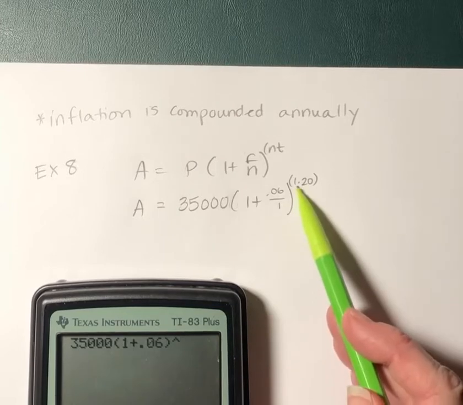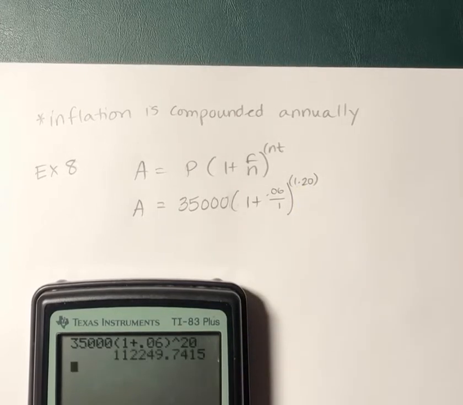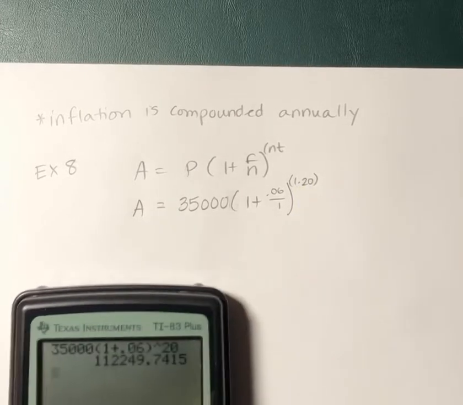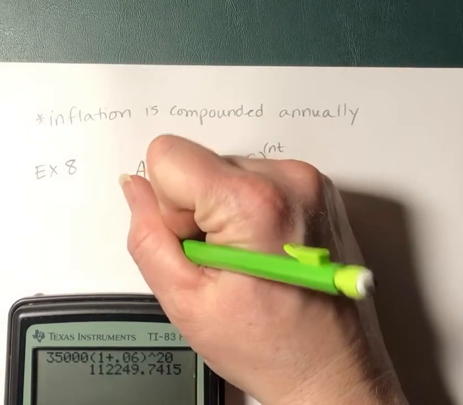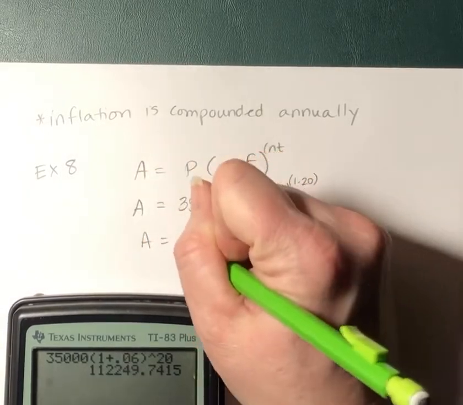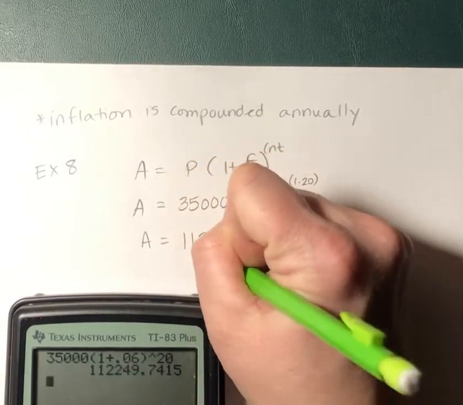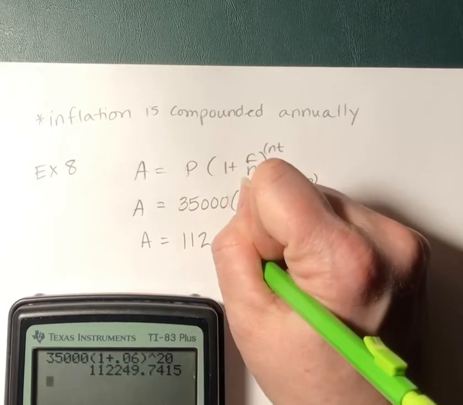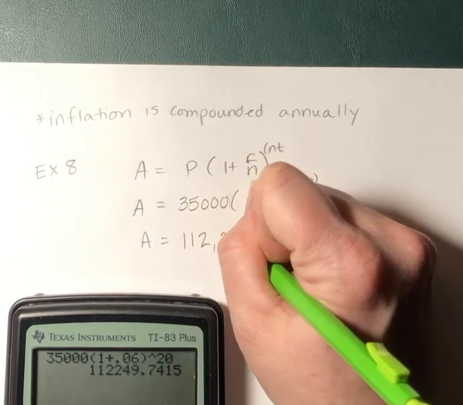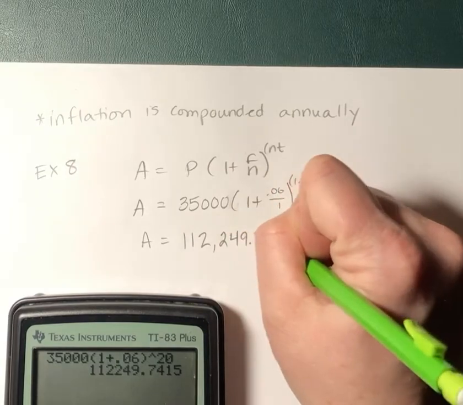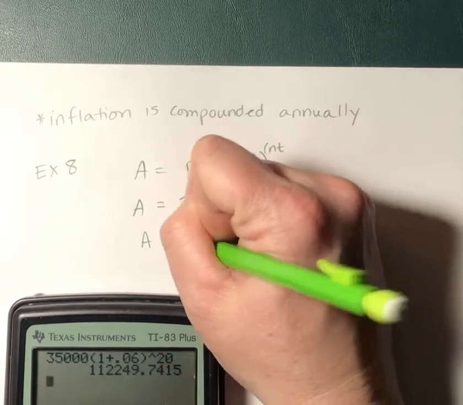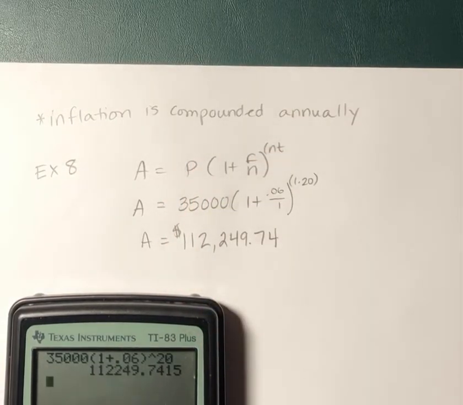And because this is one and this is one, I don't actually need to use those ones. So $112,000, so excuse me, $112,249.74 would be a comparable salary in 20 years.